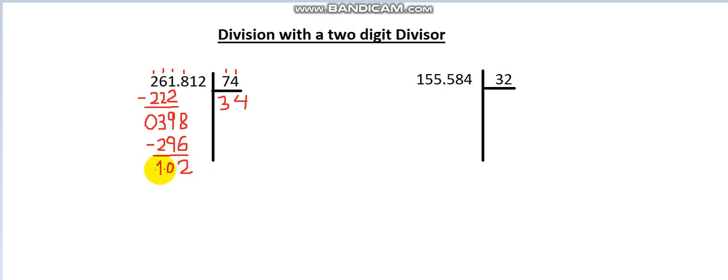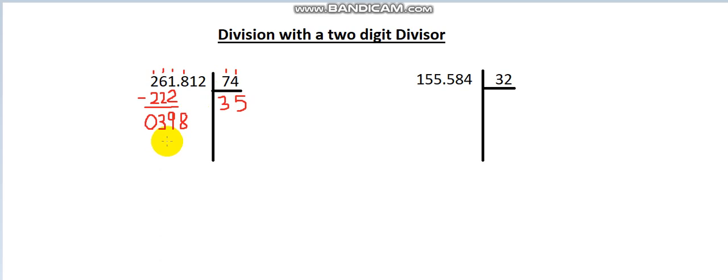Now here I got 102, which is more than 74, which means that I made a mistake, and I need to go back and try one more time. Instead of 4, I need to try 5 times. I can fit another 74 in there, at least one, maybe more.